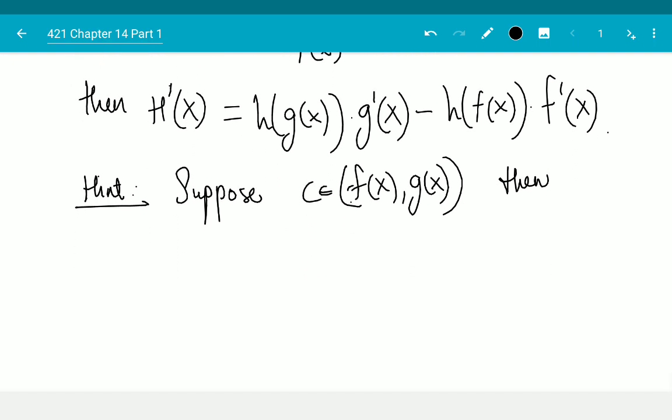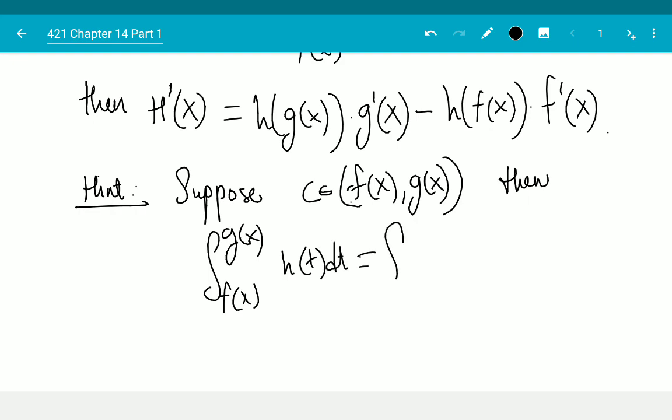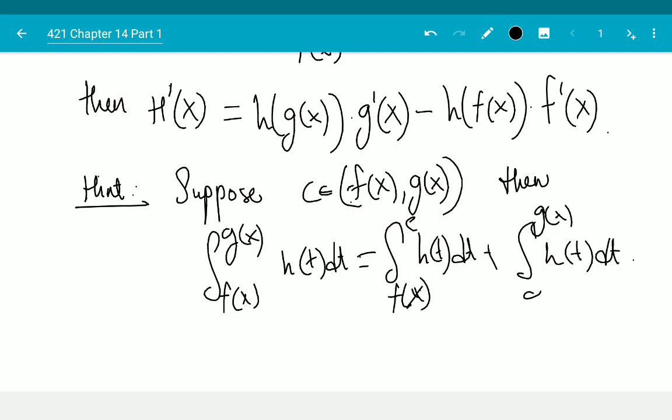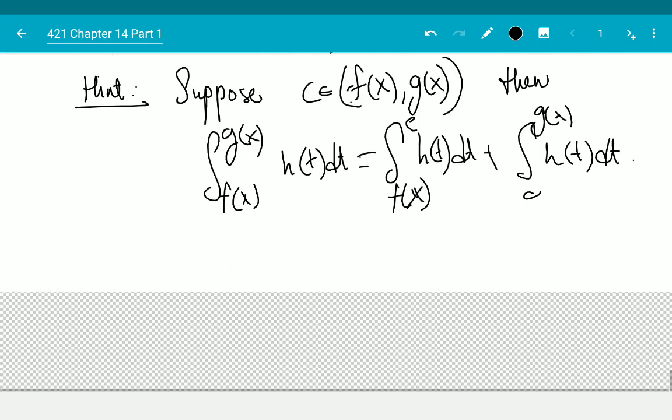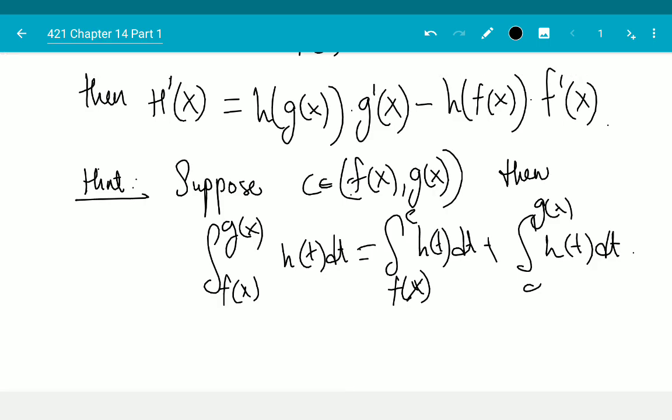Then the integral from f of x to g of x of h of t dt is equal to the integral from f of x to c of h of t dt plus the integral from c to g of x of h of t dt, right? And while this is not the complete proof, the further idea is, now that I have this, how do I use the chain rule?